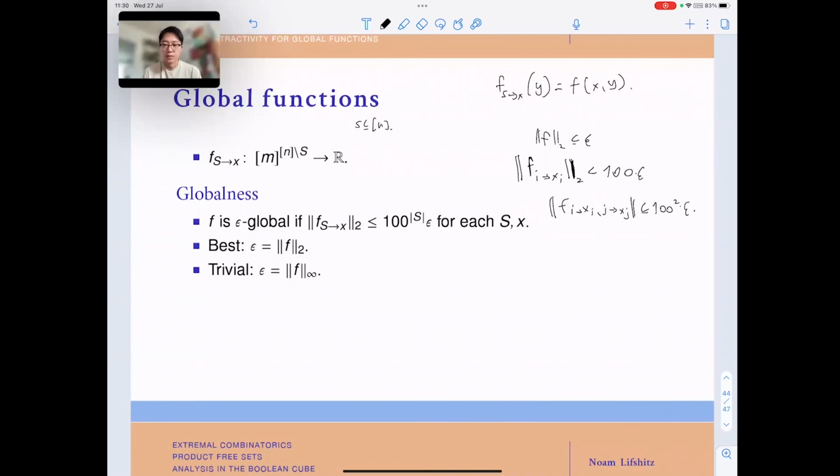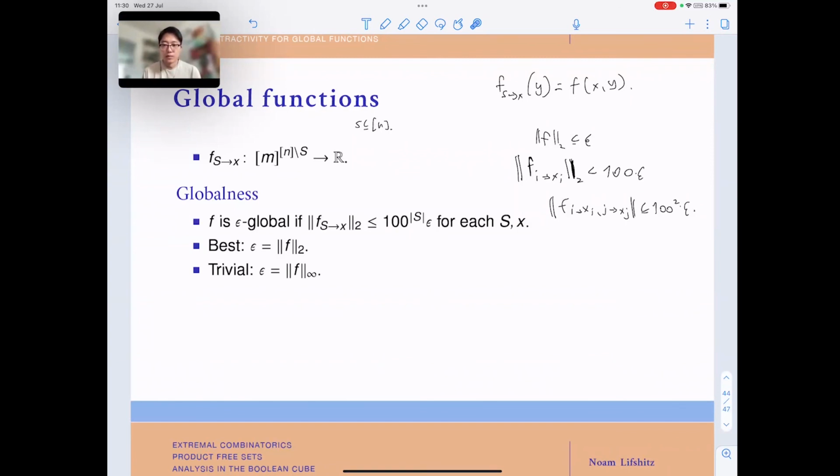And the larger the set is, the weaker this condition is. We have 100 to the s. So this is a condition about small sets. It tells you that the density inside small sets, inside dictators, is small. So it tells you that you don't behave like a dictator.